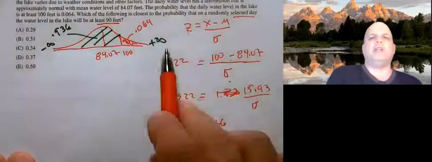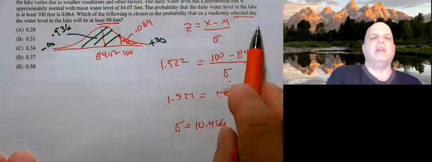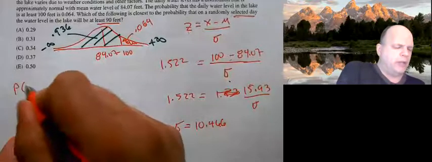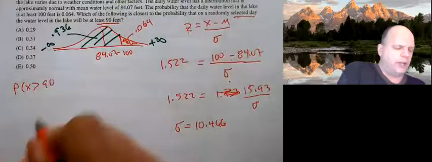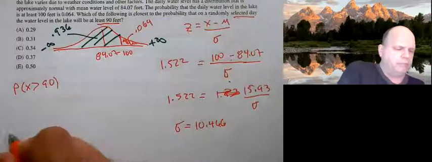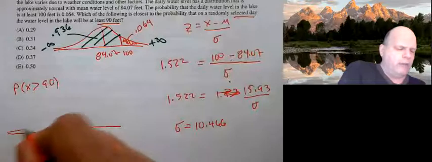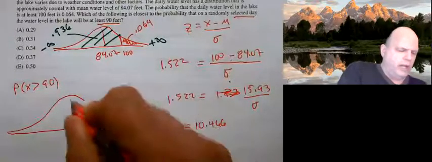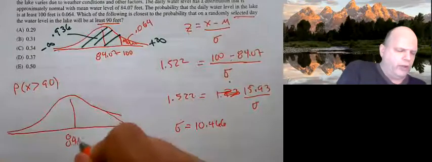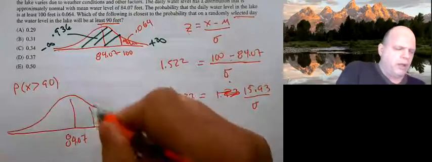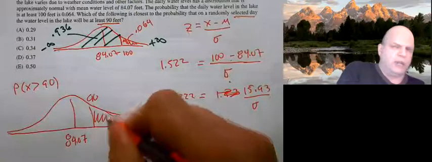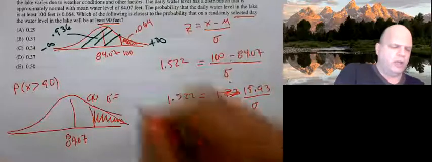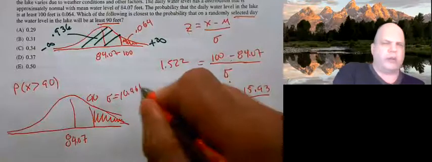They said, what's the probability that on a randomly selected day, the water level will be at least 90 feet? So I want the probability that X is greater than 90. Well, I still have the mean 84.07, and I want to know the probability that it's 90 or more, and I know my standard deviation is 10.466.